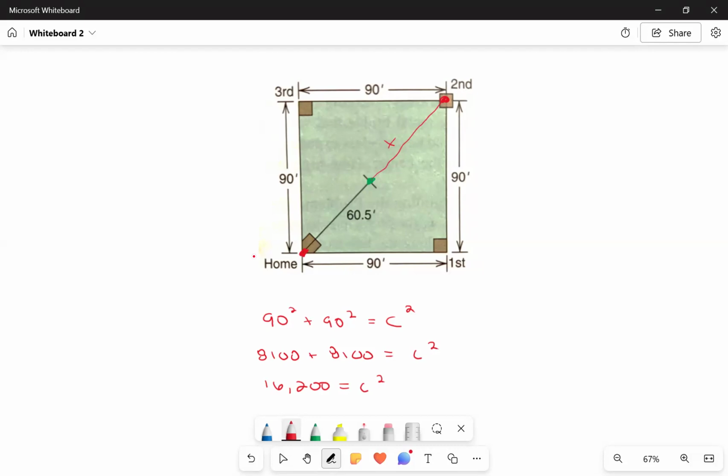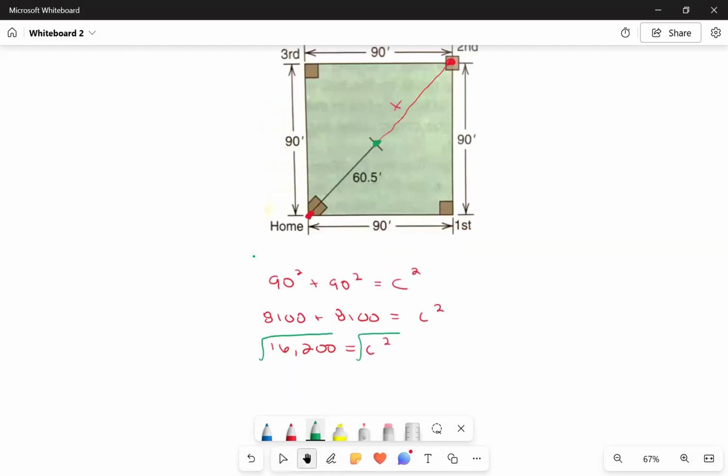Now, the book actually says round the answer to the nearest foot, meaning that they understand that our answer is going to be a decimal approximation. So they're kind of letting us know that the square root of this, don't bother simplifying it. Go ahead and just plug it into the calculator and get a decimal approximation.